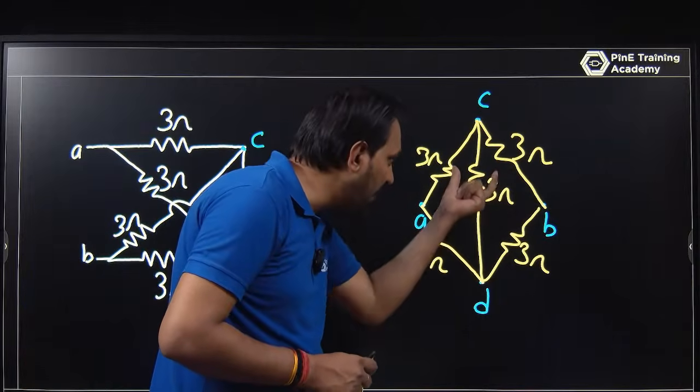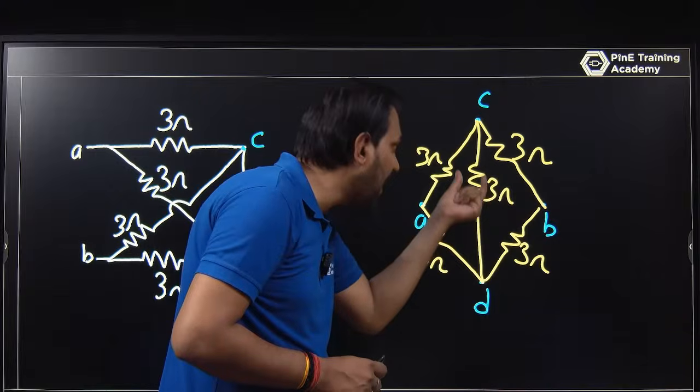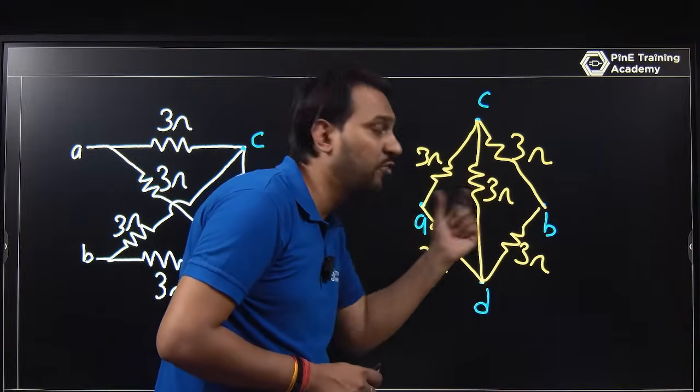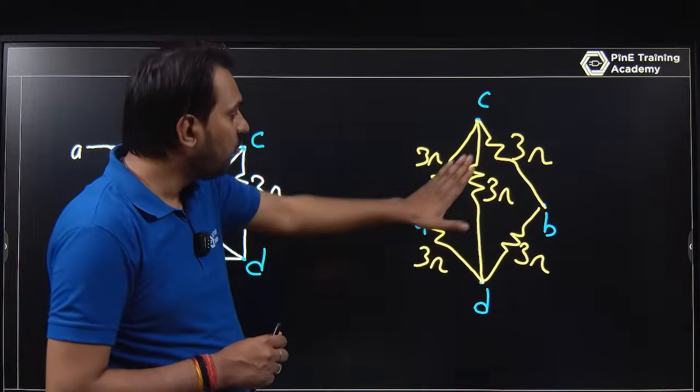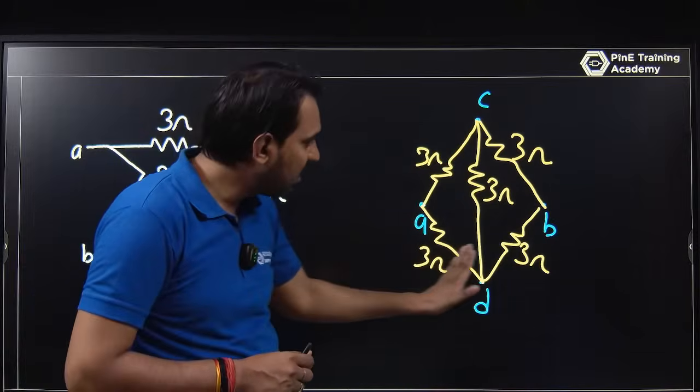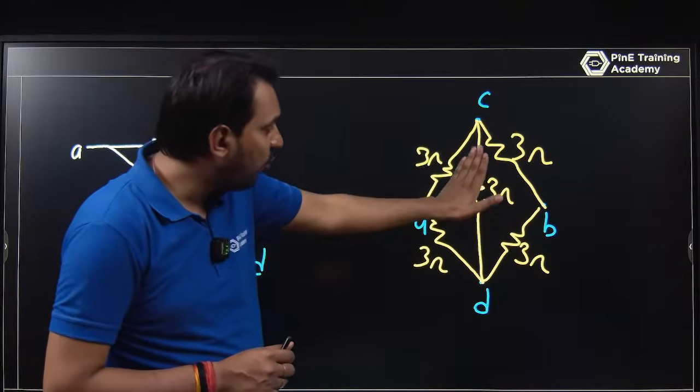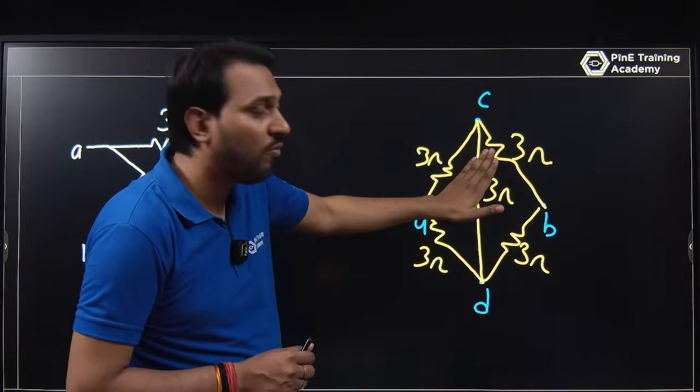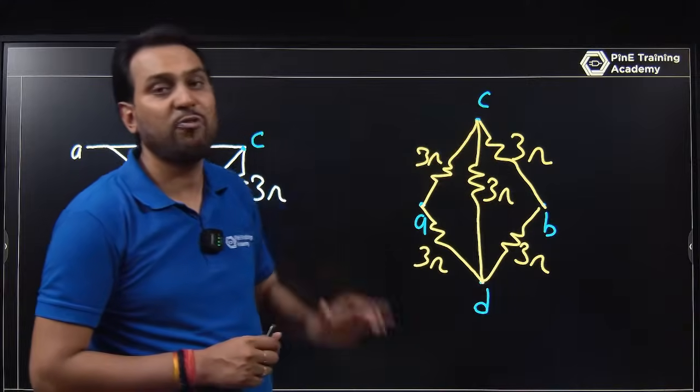By this 3 ohm, we are stuck here. We are not able to define which one is series and which one is parallel. If there were no impedance, you could simply say this 3 ohm is in series, this 3 ohm is in series. But with this impedance, it becomes a problem to determine which one is series and which one is parallel.